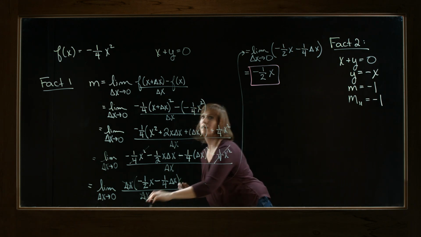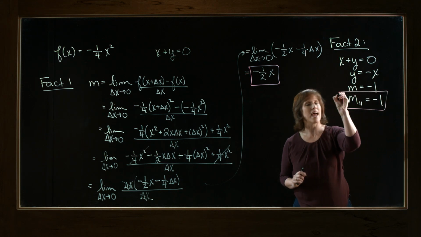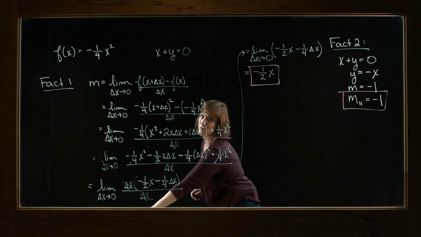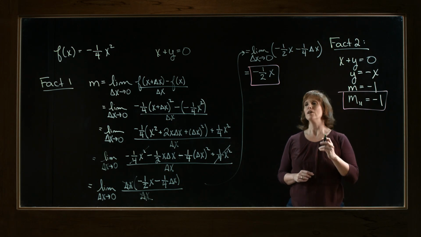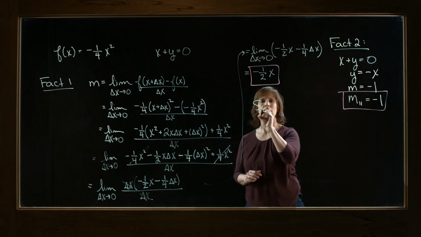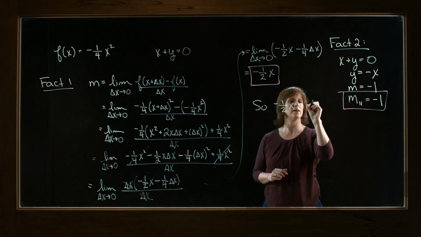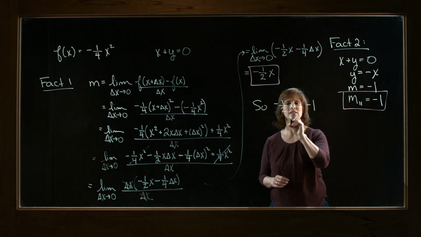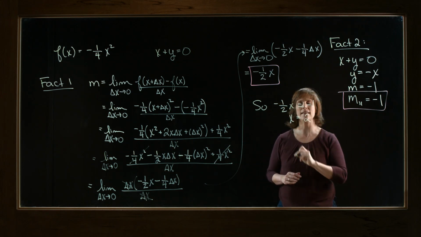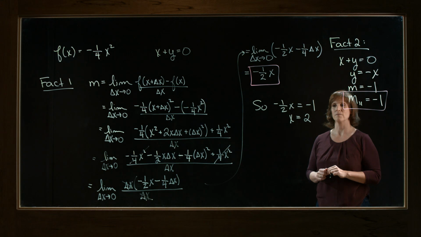So if -1/2 x is the slope and -1 is also the slope, that means that those two must be equal to each other. So -1/2 x must equal -1. Well, what does that tell me? It tells me that I can solve for x, and that x is going to be 2 if these two expressions are equal to each other.